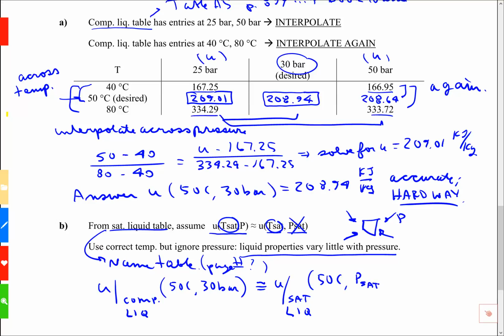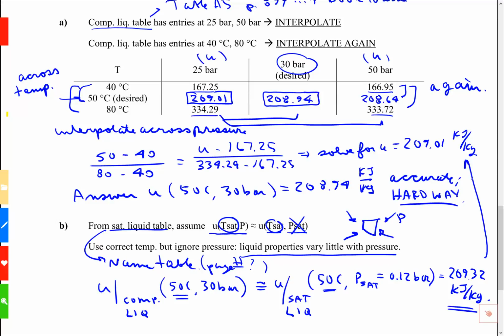Now, how far off are we? Well, I didn't mention this when I was looking at the other table, the saturation pressure is 0.12 bar, so it's way off. But the value is 209.32 kilojoules per kilogram. So the temperature was right, and the pressure was not. But that's pretty close.